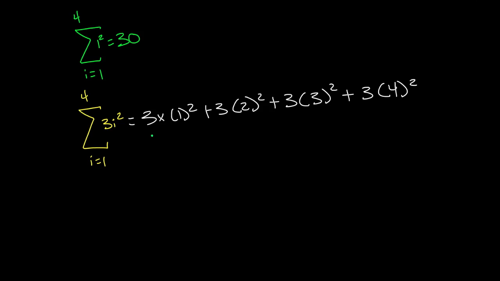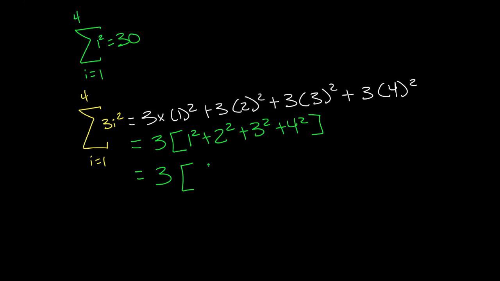If we use the distributive property, multiplication over addition, let's pull out the 3. This is equal to 3 times (1 squared plus 2 squared plus 3 squared plus 4 squared). That's equal to 3 times our old friend, which we're now getting pretty bored of, the sum from i equals 1 to 4 of i squared.